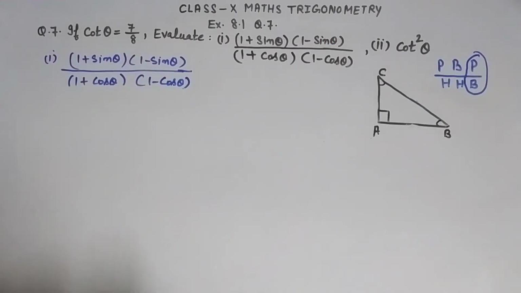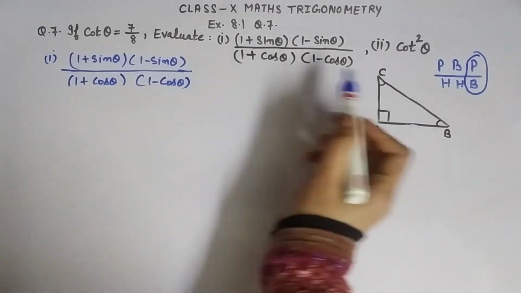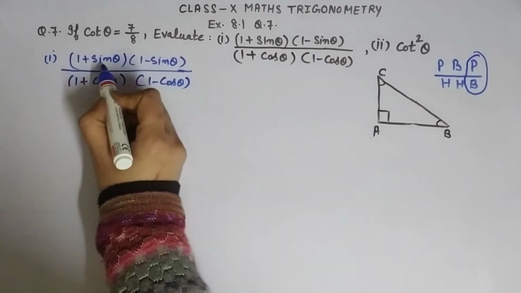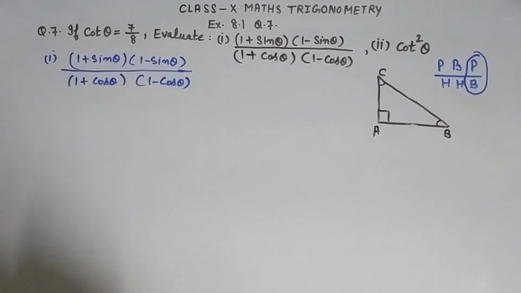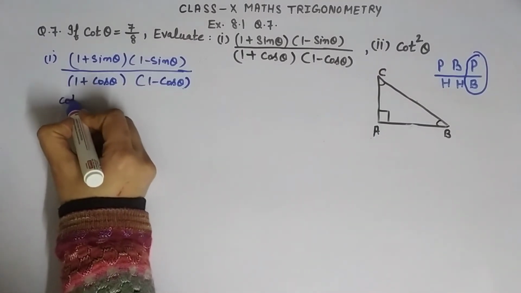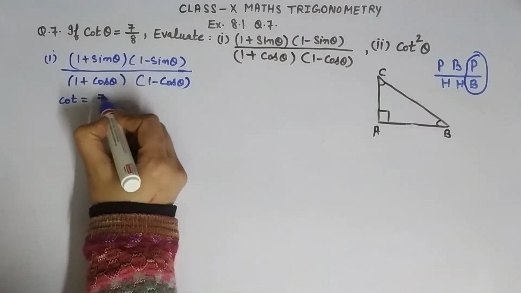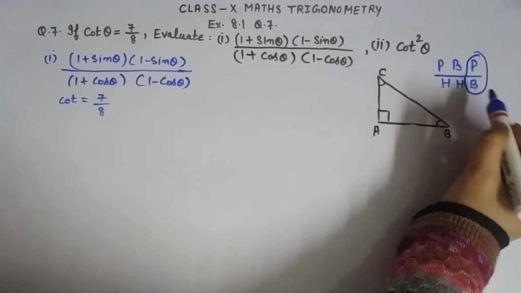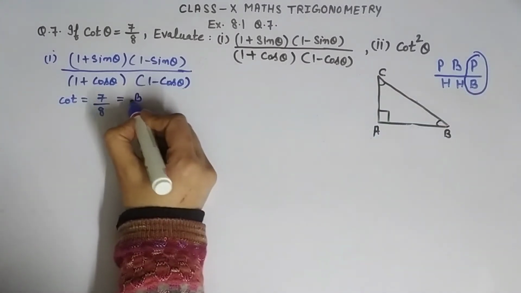Next, question number 7. If cot theta is equal to 7 upon 8, evaluate. Here we have two parts, so we take the first part, that is (1 plus sin theta) into (1 minus sin theta) upon (1 plus cos theta) into (1 minus cos theta). In the question we are given the value of cot theta, that is 7 upon 8, and we know the trigonometric ratio of cot theta is base upon perpendicular.